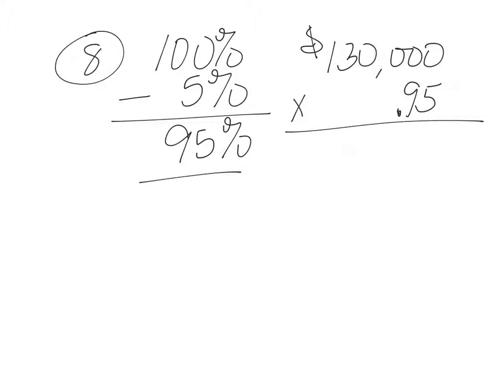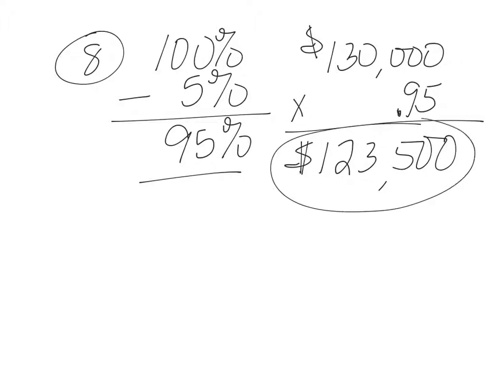If you multiplied this by 0.05, then you would have to do some subtraction at the end. So when I do this big long problem, and I'm not going to do all of it right now, but because I've done several of them, when I do it, it comes out as 123,500, and so that's the answer to number 8.